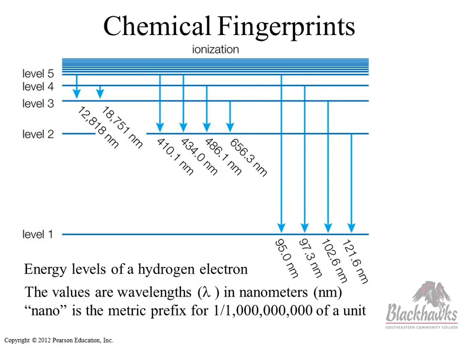So I've been talking about different energy levels, and these lines that go across are potential energy levels. This happens to be for the simplest element, hydrogen. Hydrogen only has one electron because it only has one proton in its center. It only has one electron to jump around and make these spectral lines that you're going to see.